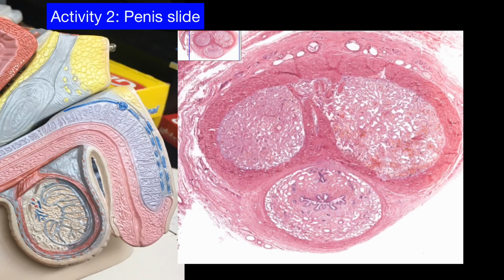So here we have activity 2. And we're taking a look microscopically at a cross section of the penis. And I have the torso model right next to us so we can compare what we're looking at. So the penis is composed of 3 columns or tubes of erectile tissue that are all bound together by this thing, this outer edge here, and I've highlighted only some of it, called the tunica albuginea.